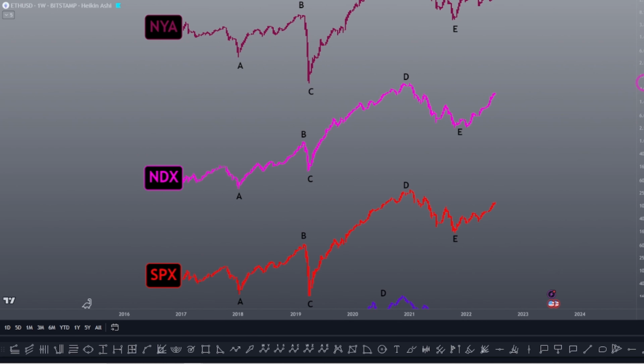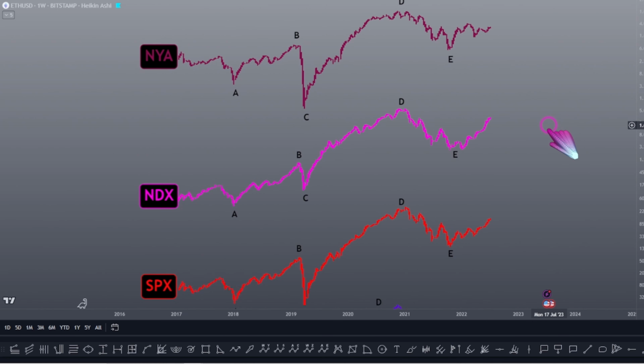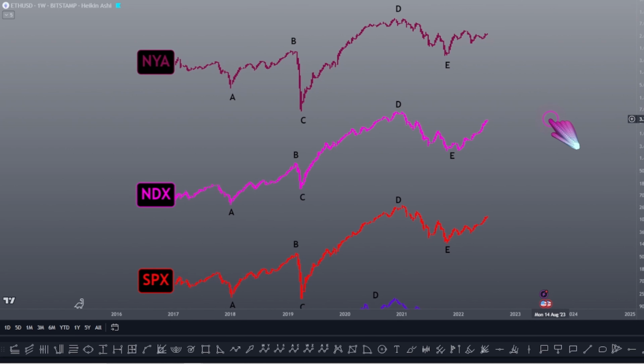So right here, we can see each of the stock indices, again, broken down A, B, C, D, E. Obviously, the New York Stock Exchange, the NASDAQ, and the SPX are going to look more like each other than the Bitcoin and crypto charts I went over.